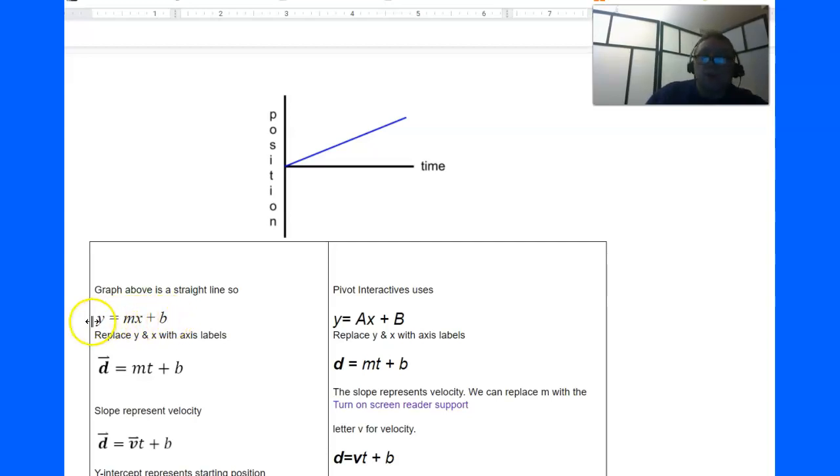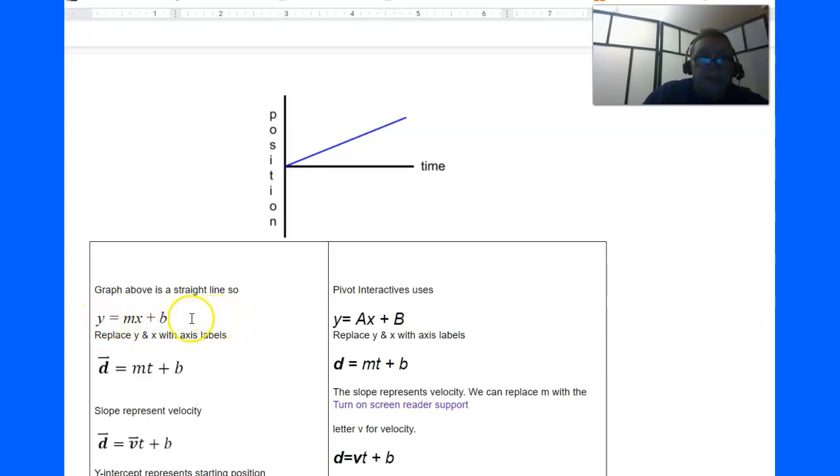The general equation for every straight line is y equals mx plus b, where m is the steepness of the line or the slope, y is what you're plotting on the y-axis, what's going uppy downy, and x is what's going on the x-axis, the lefty-righty axis. b is the y-intercept.